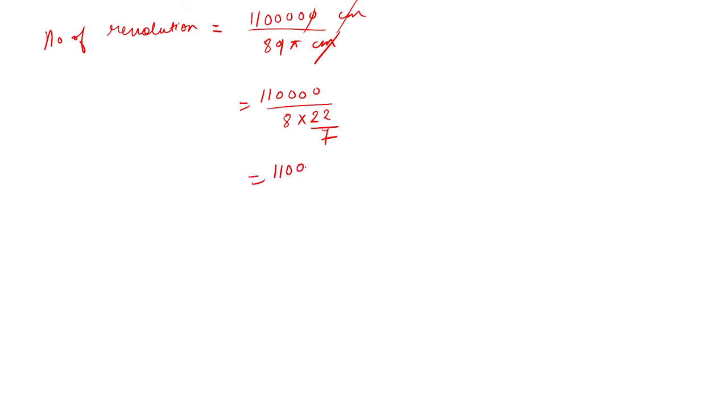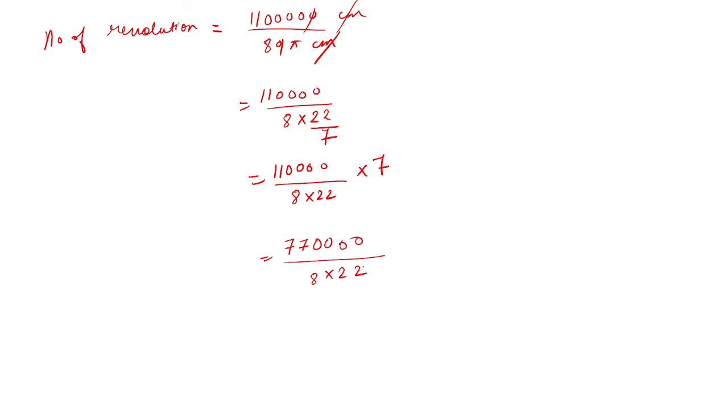These are all the basic steps. So 8 into 22 over 7. Clear up to this much? Now we can easily find it from here.